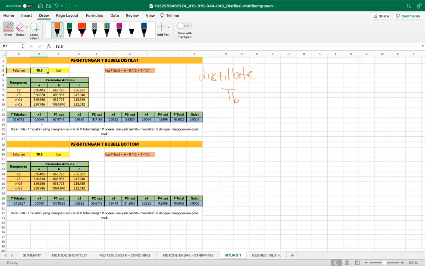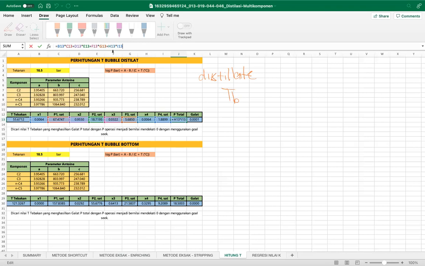So the T bubble is actually based on, let's check it here. You want to make a guess to find the T bubble if you have 4 components there.